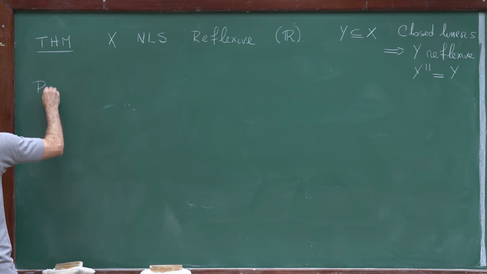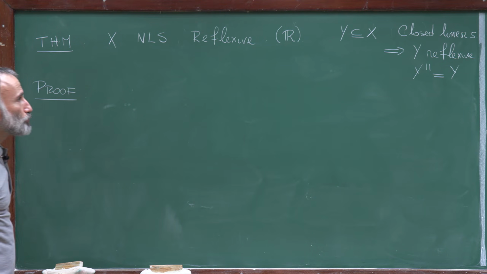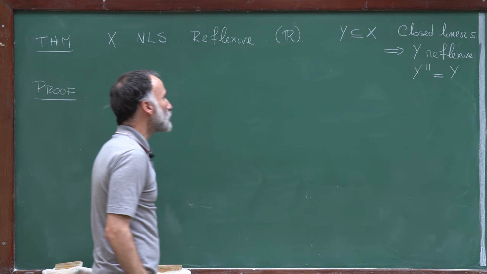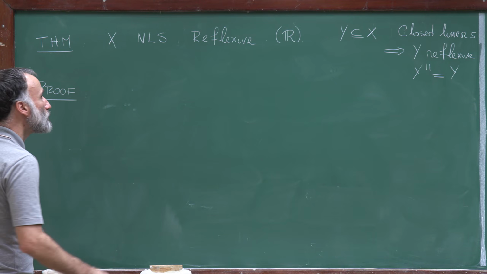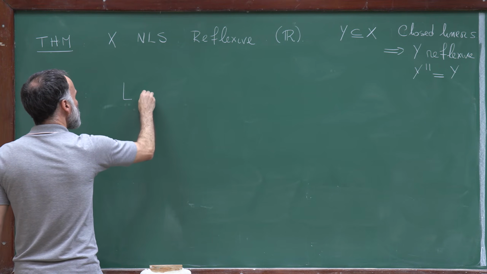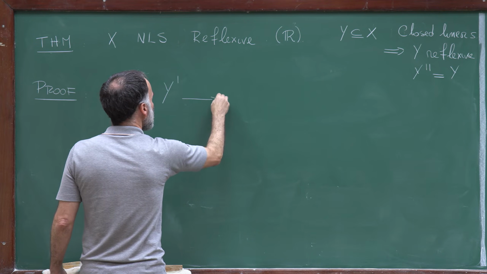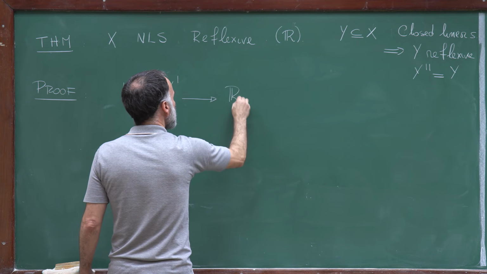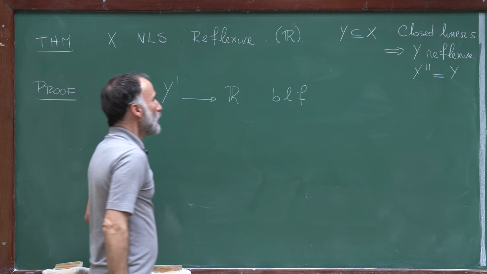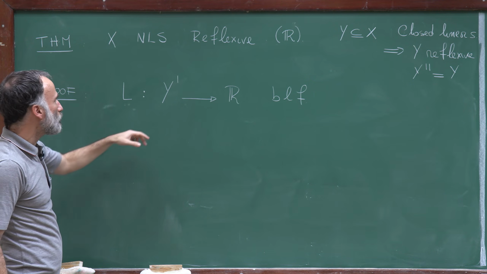And so let's start the proof by writing down what we need to prove. So we need to show that Y double prime is equal to Y, which means that if I have L, which is a linear functional from Y prime to R, a bounded linear functional, so this means capital L, an element of Y double prime.